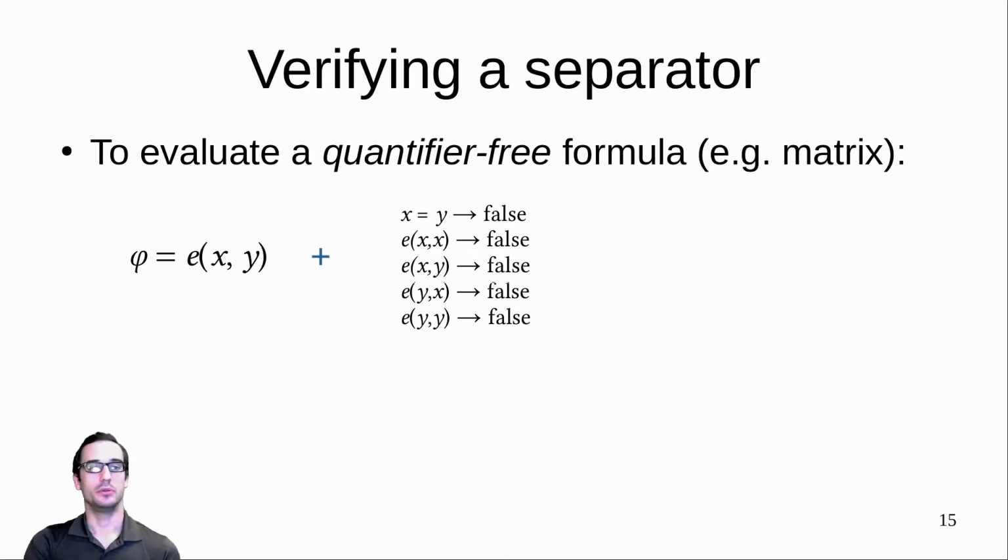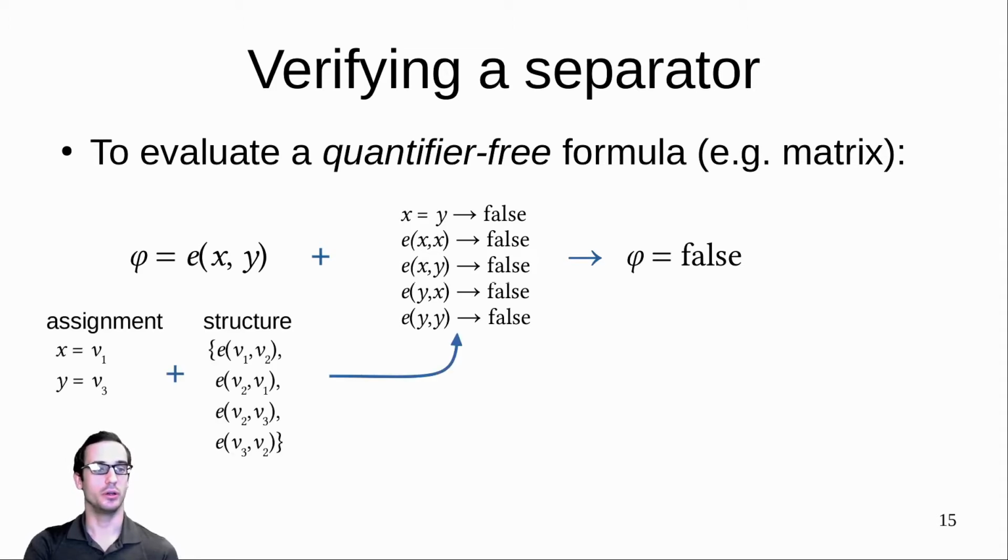Then what we can do is substitute those atomic formulas into phi in order to compute its value. Now, this mapping between all of the atomic formulas can be computed from a combination of the assignment and the structure we're in, just by substituting the assignment into the structure.